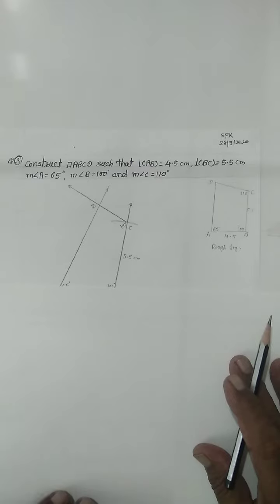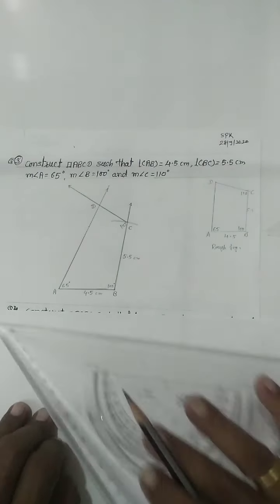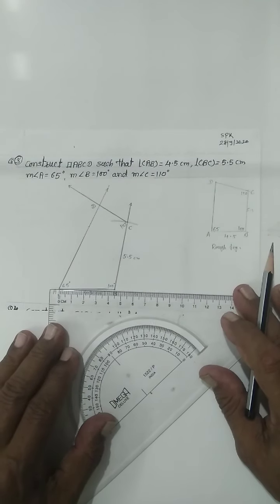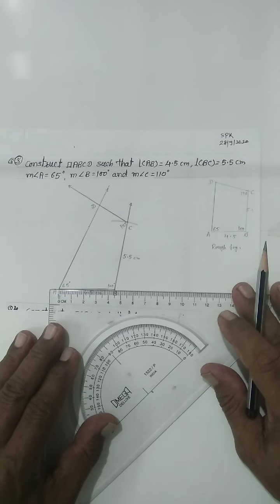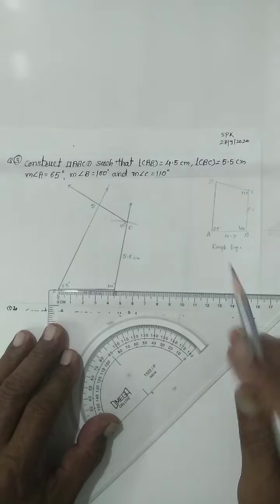Now firstly draw the line AB, 4.5 centimeter.